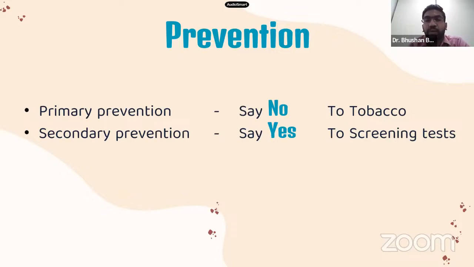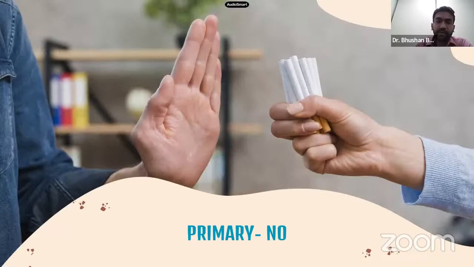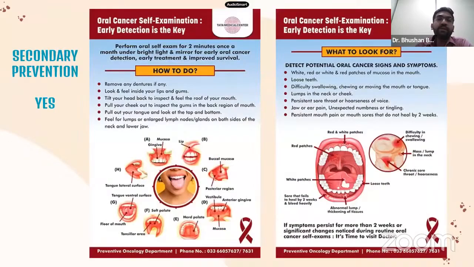A doctor would check your oral cavity, your lungs would be checked, and you would be detected at an early stage if at all you are affected by cancer. So secondary prevention is you might already have a cancer in your body, but you would be detected early by using this screening test. So primary is saying no to tobacco. Secondary is doing all this examination.